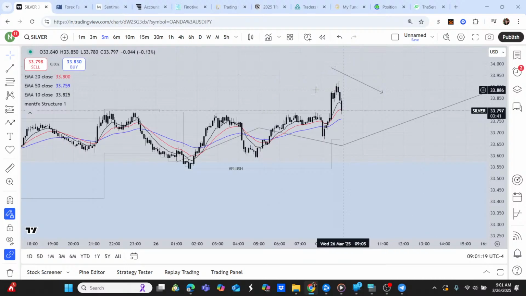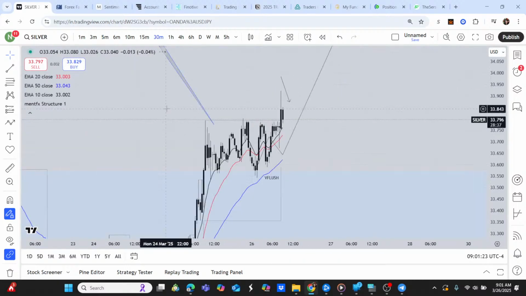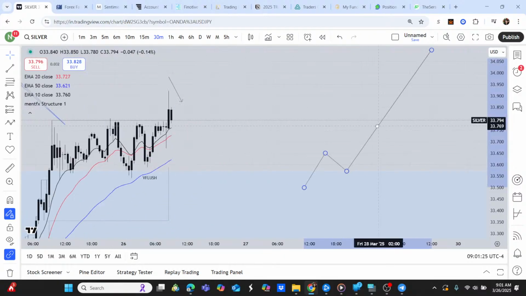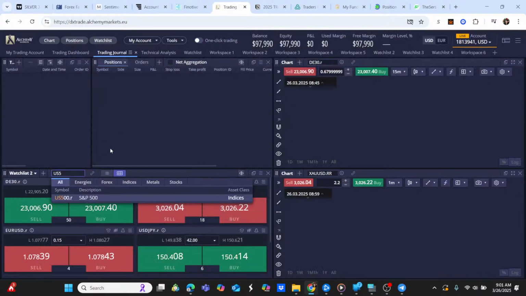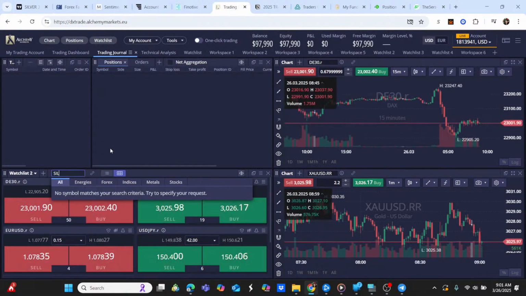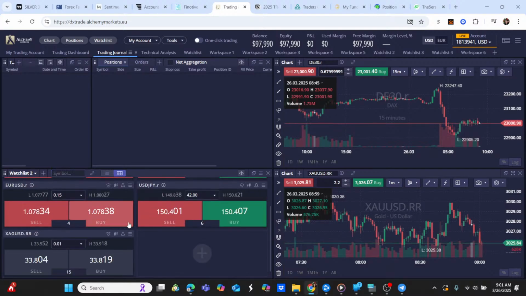Actually, it could possibly set up today. This actually does look clean for silver. Yeah, silver looks clean.